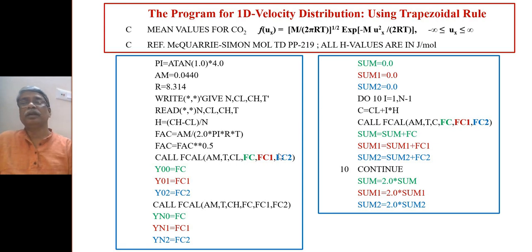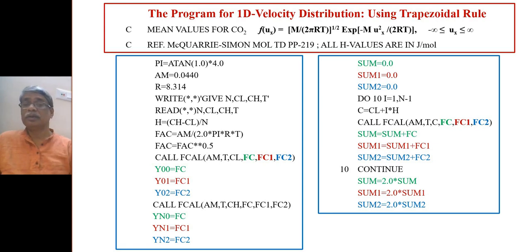Now fc1, when this function is multiplied by the velocity, that means we are going for the velocity average, and fc2 is the distribution function multiplied by c square. That means we are going for finally the c square average. So the first fc, when integration is evaluated, will give you the area.